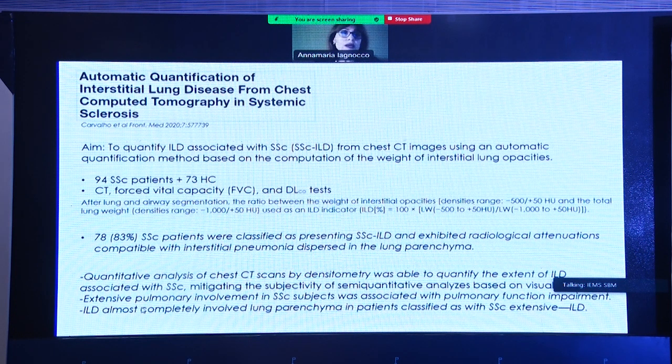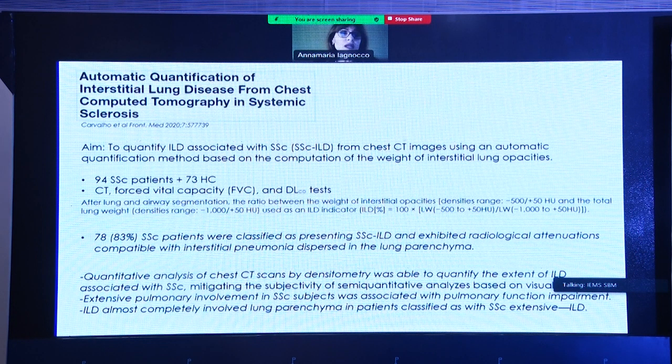And the quantitative analysis of chest scan by densitometry was able to quantify the extent of interstitial lung disease in systemic sclerosis. Therefore, being a quantitative analysis, it mitigated the subjectivity of the semi-quantitative analysis based on visual scores. And the extensive pulmonary involvement in those patients was associated with pulmonary functional impairment.